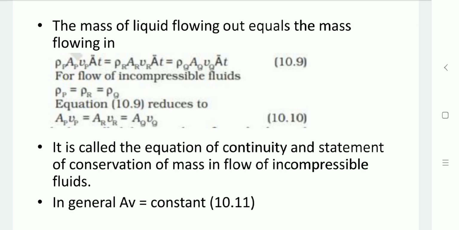At a narrower portion, the streamlines are closely spaced. At that point, the velocity of fluid particles is higher. And if the area AR is more, then the velocity of the fluid particle is less.